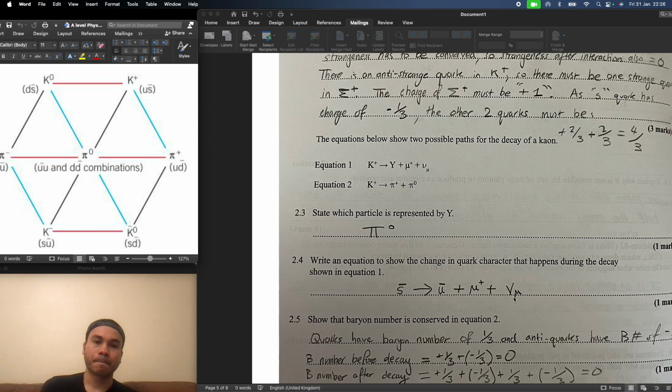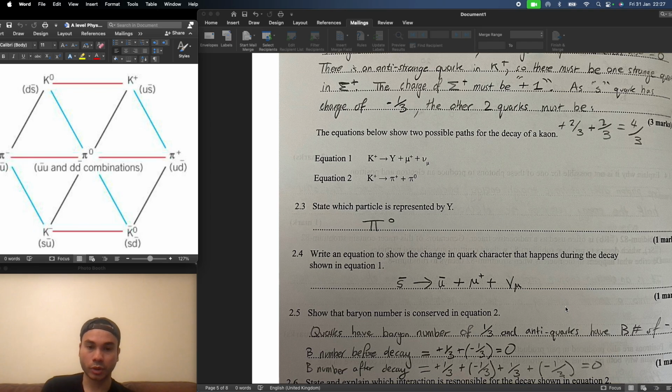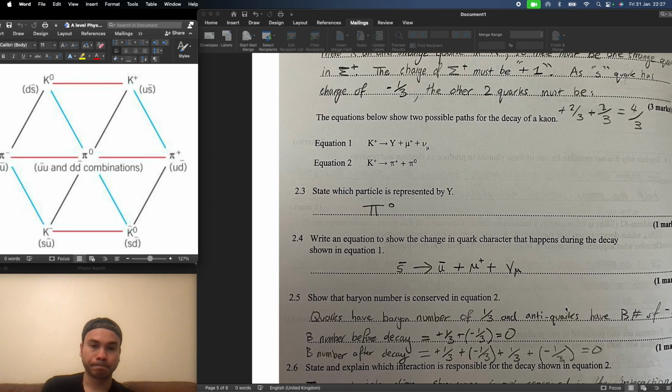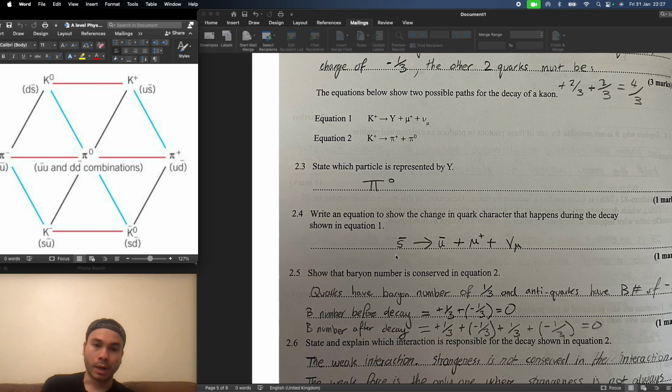And the reason why we have said it's a U, anti-U, you could also put a D, anti-D if you wanted to, but that is one of the answers there. So it's just testing your knowledge. Do you understand that the anti-strange has got to go to an anti-quark as well? Just to conserve the baryon number, because it will be -1/3, -1/3.